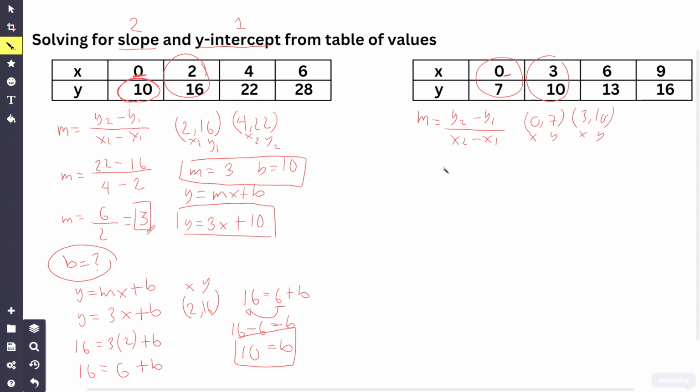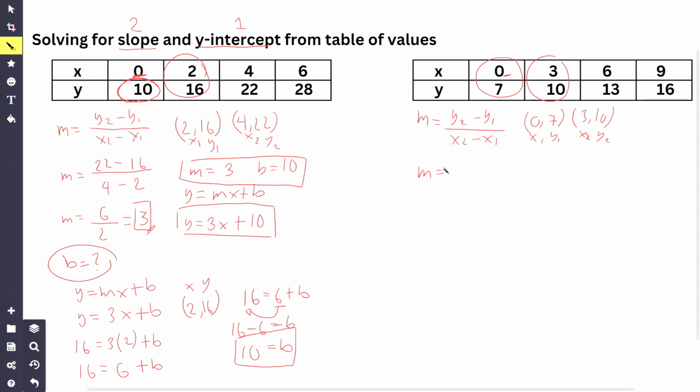What's the next thing we have to do? The next thing is you have to assign the sub 1 and sub 2. And I told you, right? Please make the sub 2 the bigger numbers if it's possible. So I'll make this one sub 2, and this one sub 1. Now, what's next is we will use the values here.